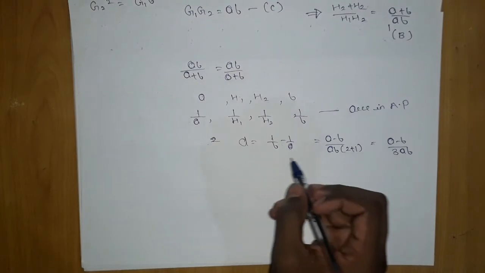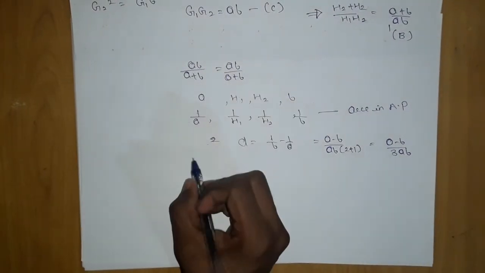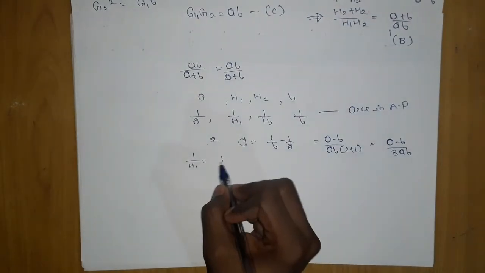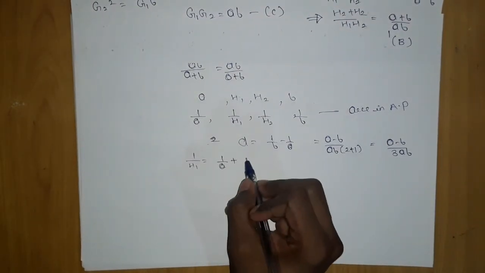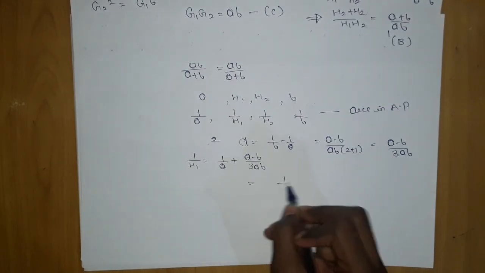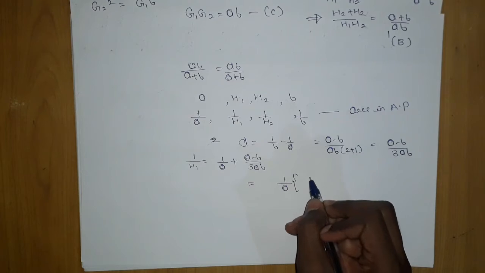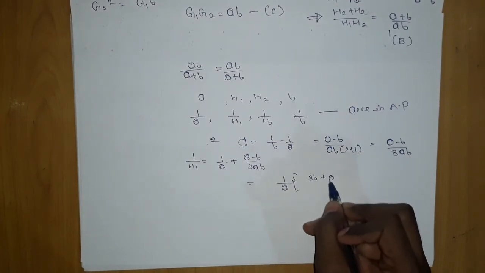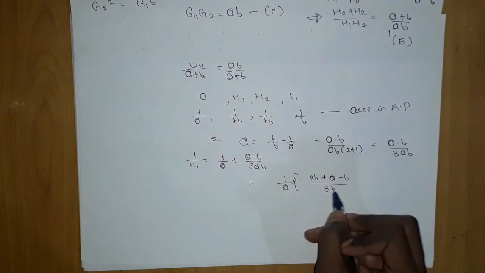Similarly, now let's find this thing. 1 by h1 is nothing but 1 by a plus a minus b upon 3ab. If I take 1 by a common, we have 3b plus a minus b upon 3b.